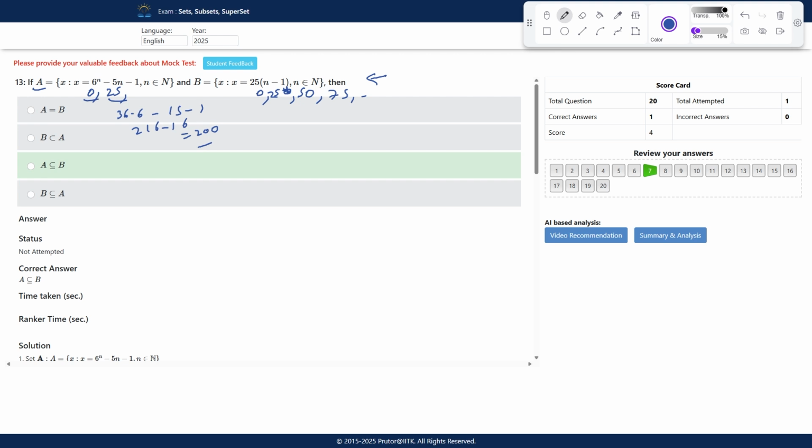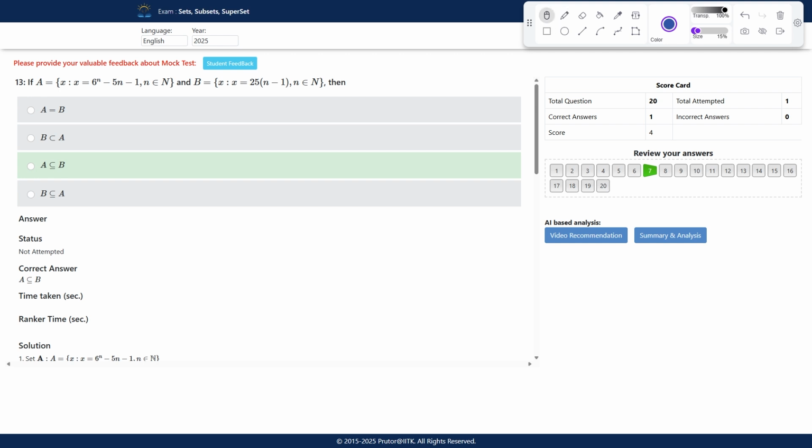Clear? A is a subset of B. I hope it is clear. So option C will be the correct option. Anybody facing any problem? Let me know.